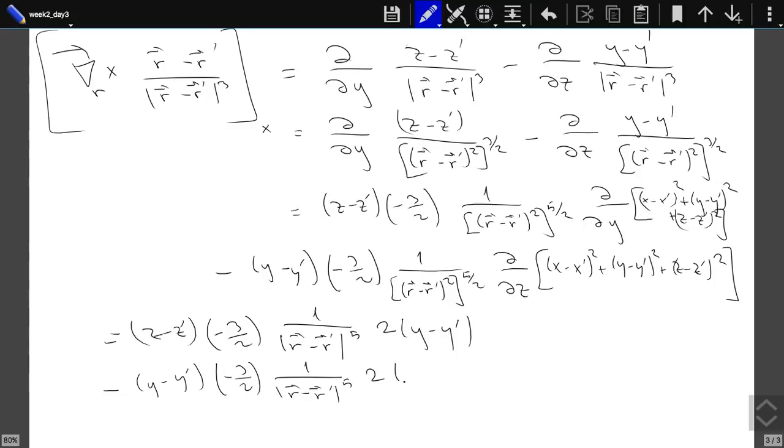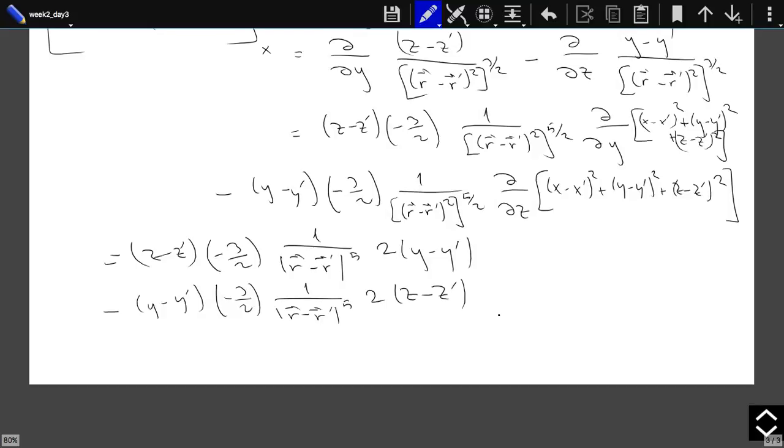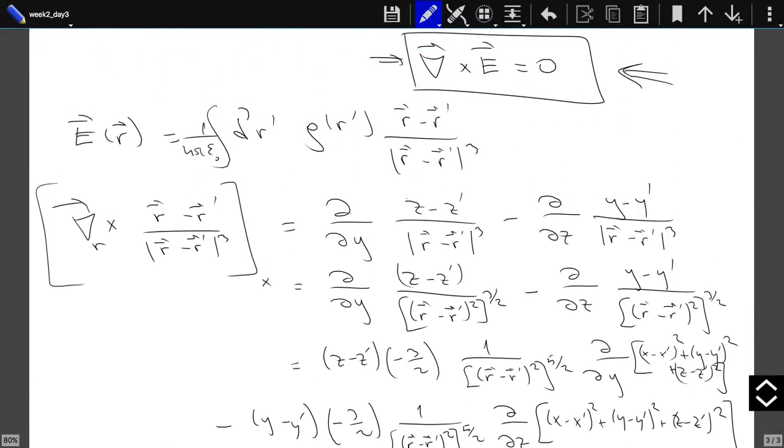If you take the z derivative, it is just twice z minus z prime. But you see, these two terms are the same. So this is equal to 0. At least the x component of this curl is 0. You can repeat the same derivation for the y and the z components, and you will see that all of them are 0.